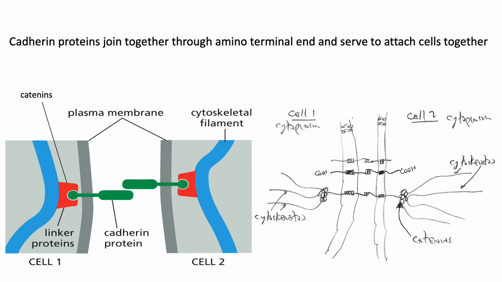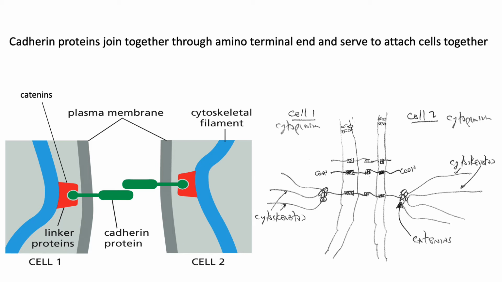So when you get a cadherin bound to a few catenins at the carboxy terminus, and you have this happening at a few different places along the membrane, then these catenins actually will interact with each other on the different cadherins and allow them to cluster into these desmosomes. So the catenins actually bring the other ones together, and it causes them to cluster into this nodule that then holds the cells together.